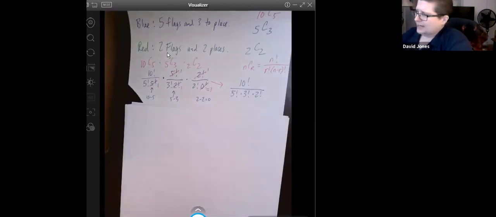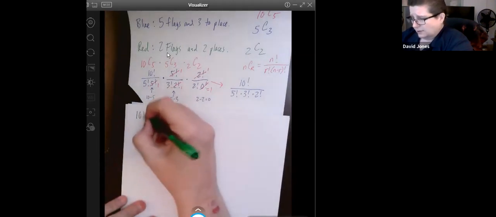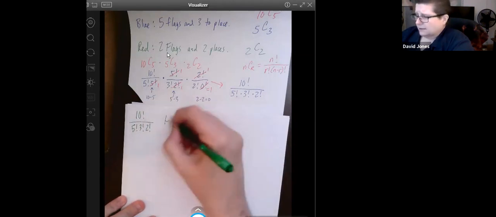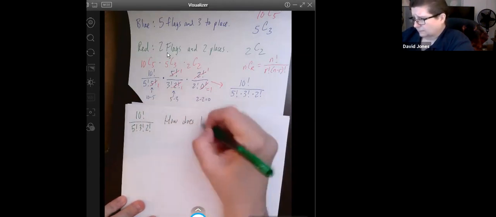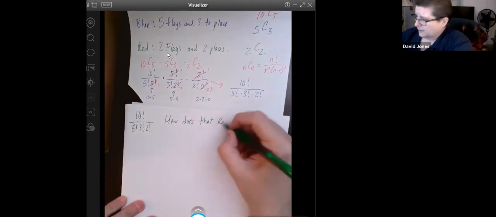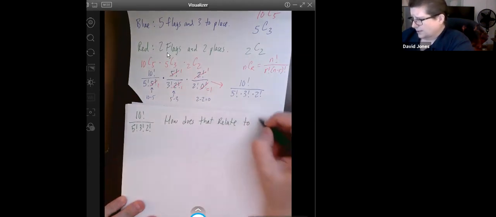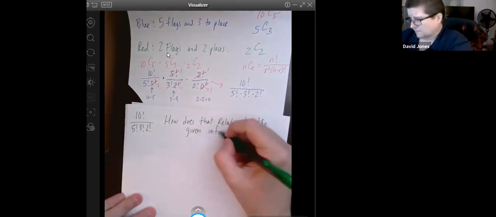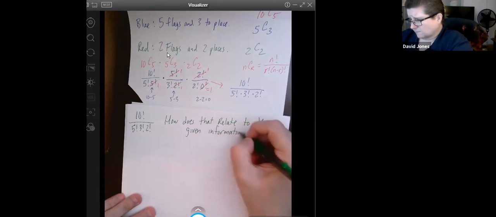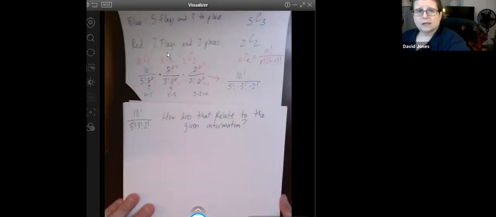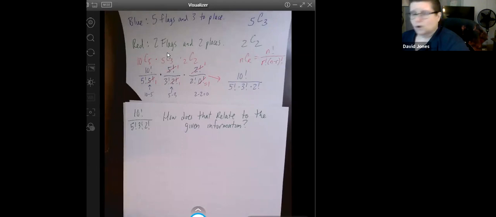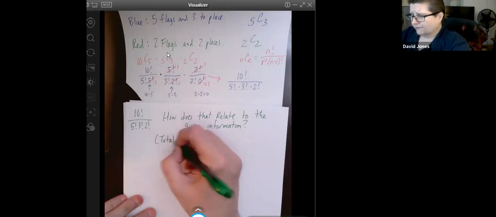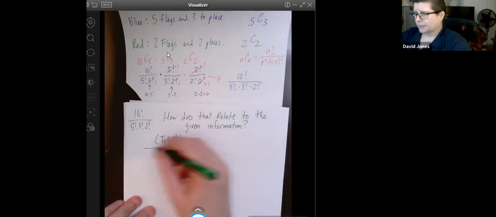How does that relate to our starting information, to the given information? Well, there were 10 total flags, so I've got the total factorial on top.